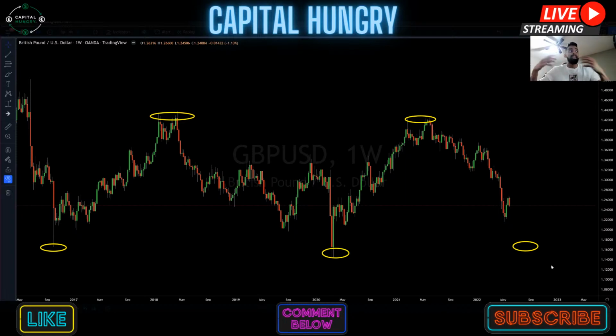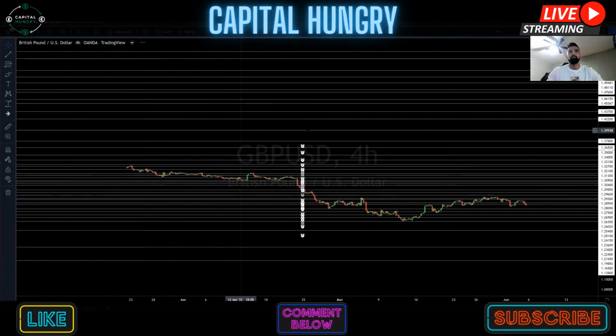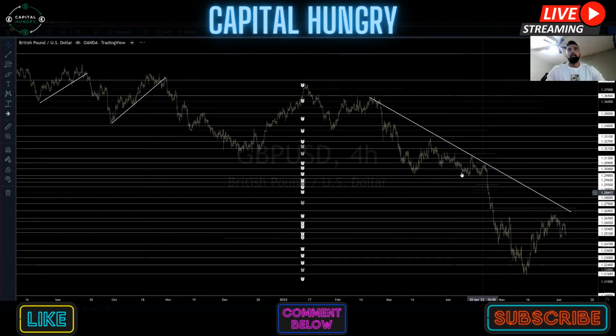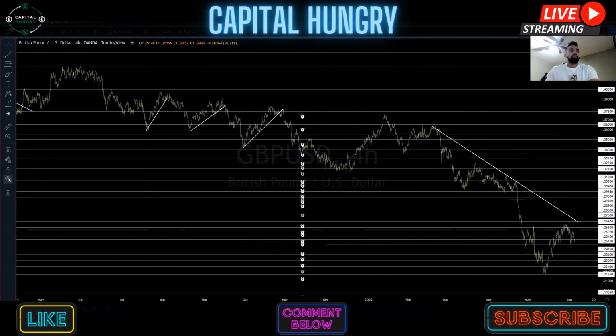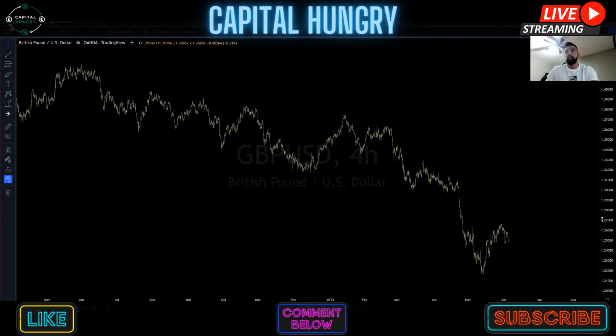Now, let's take that information and start dissecting more into the lower time frames to map out trade ideas that we can see occur. So let's go down to the 4-hour chart. This is that very macro bearish market structure.